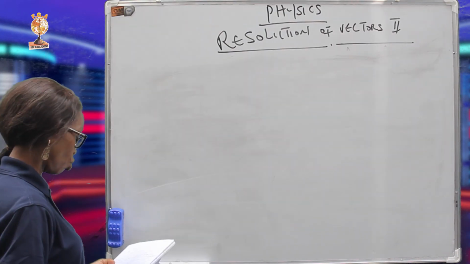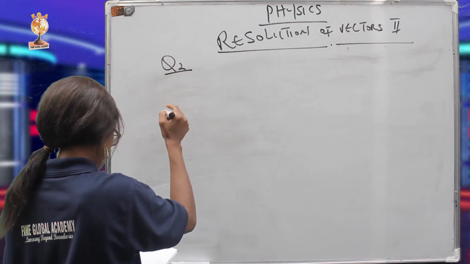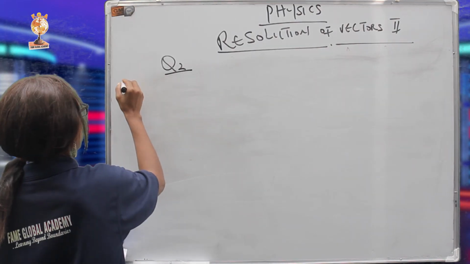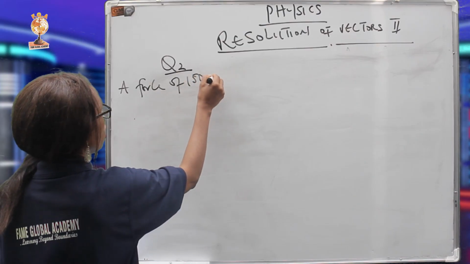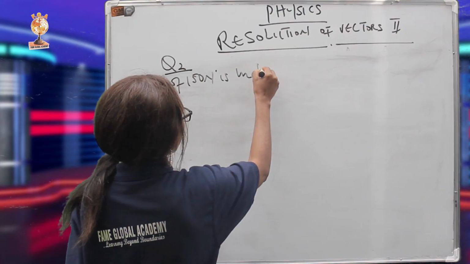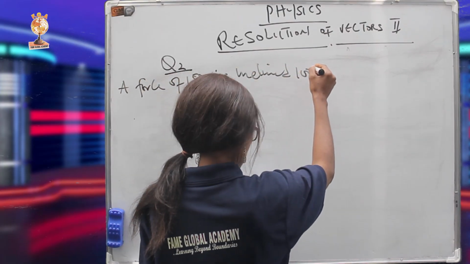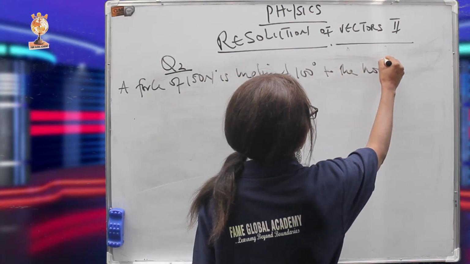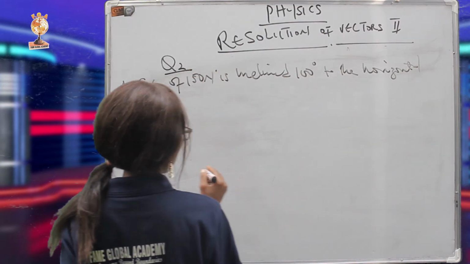Okay, question 2 is: a force of 150 Newton is inclined 100 degrees to the horizontal direction.